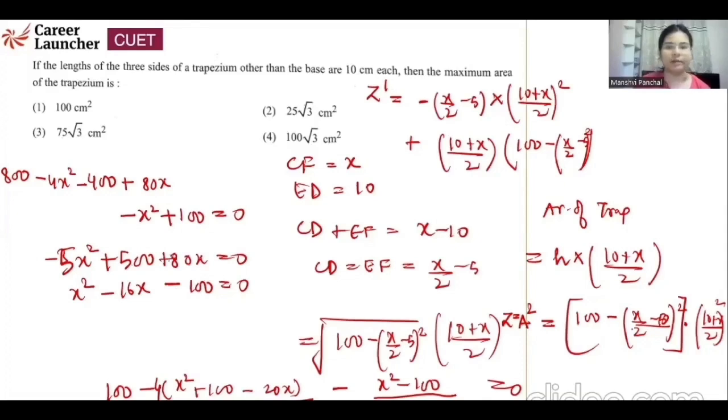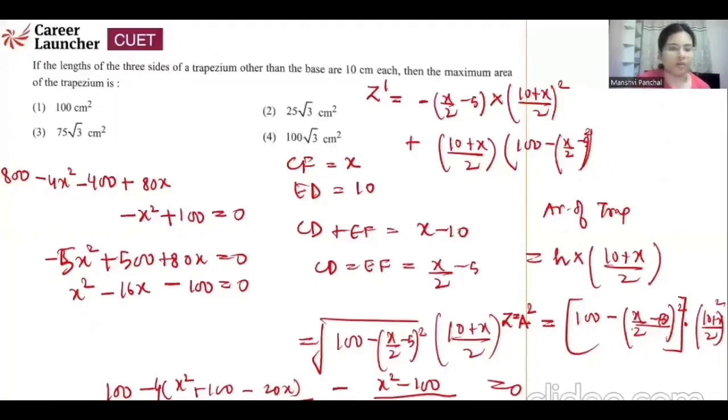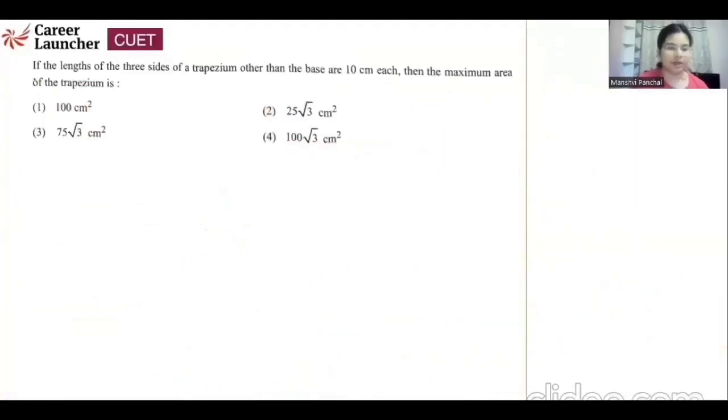This is 500. So the final equation will be that z dash equals x squared minus 10x plus 200 equals 0. Right? So z dash, put this equal to 0: x squared minus 10x plus 200 equals 0.